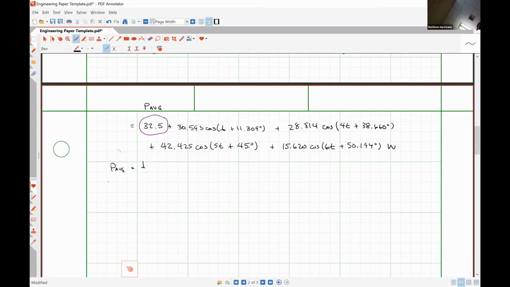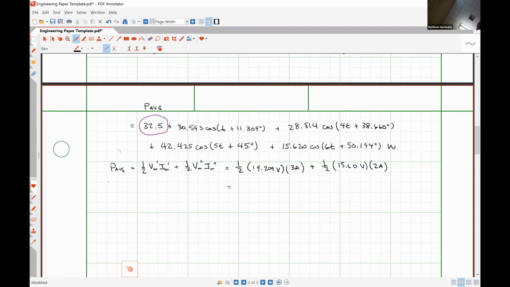Okay, so a short-term way of finding P average would be 1/2 Vm prime Im prime plus 1/2 Vm double prime Im double prime. So if we did the math here, this would be 1/2 times our 19.209 volts times 3 amps plus 1/2 times 15.620 volts, 2 amps.